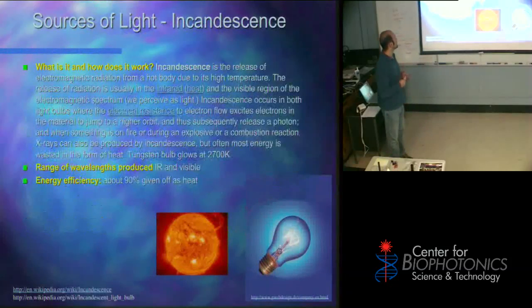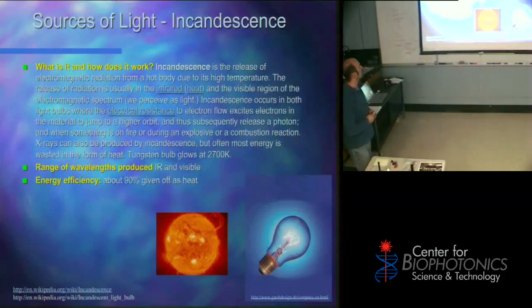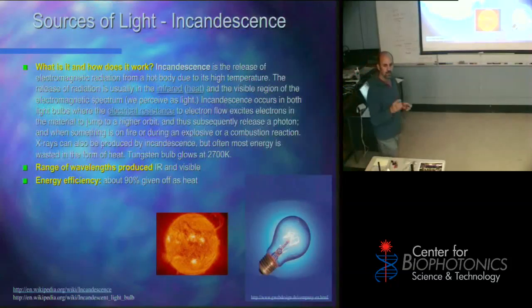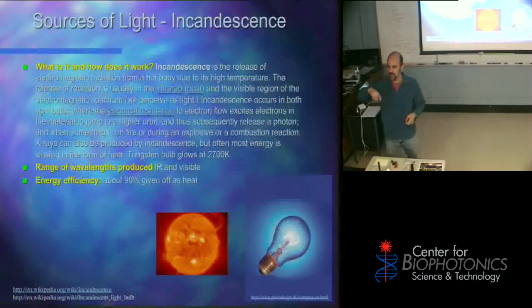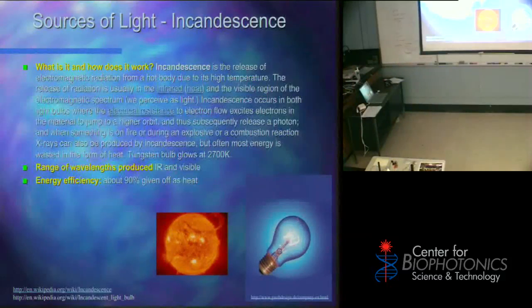So, incandescence. What is it and how does it work? The basic idea is that if I heat something hot enough, it's going to give off a whole bunch of radiation. Incandescent light bulbs, you remember the nice round light bulbs?